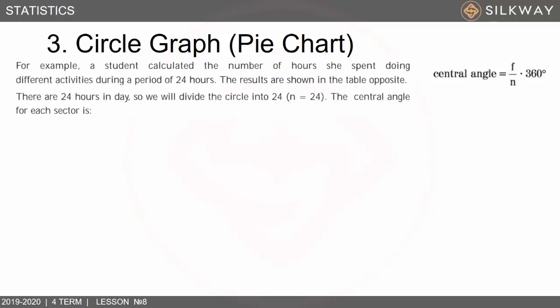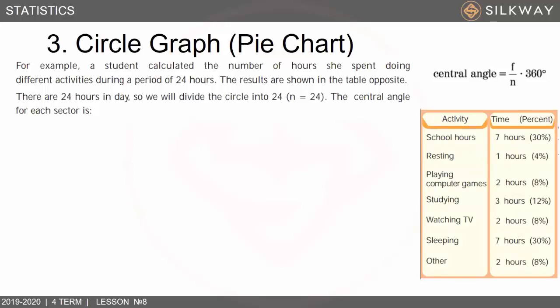For example, a student calculates the number of hours she spent doing different activities during a period of 24 hours. The results are shown in the table opposite. There are 24 hours in a day, so we will divide the circle into 24. N will be equal to 24.